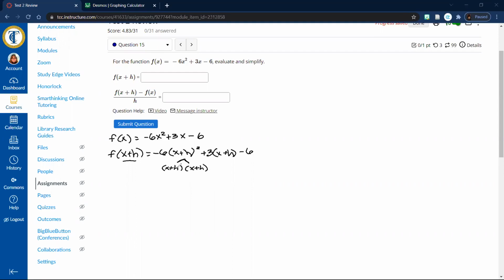So x times x is x squared. X times h is xh. H times x is also xh because they're switchable. And then h times h is h squared. So x squared plus what can we combine here? xh plus xh, so how many are there? 2xh, plus h squared.